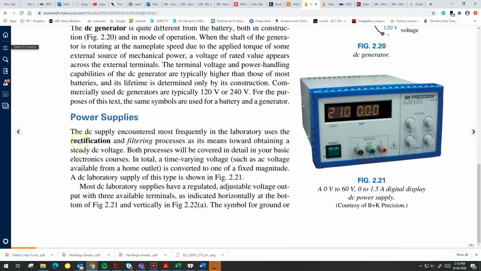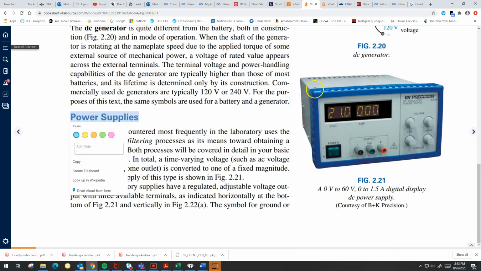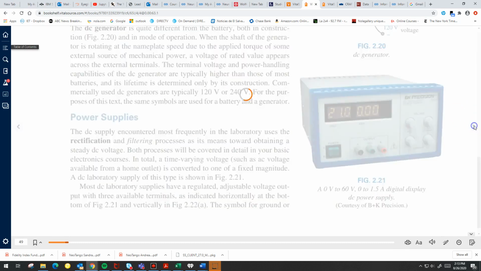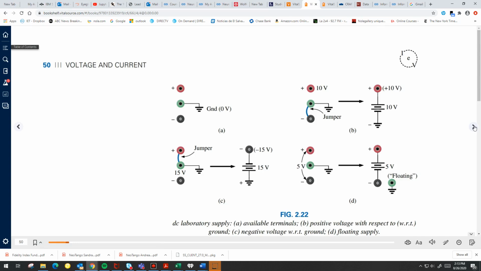Later in the lab, we're going to be looking in more detail at power supplies. And again, a power supply is just a source of voltage, right? Think of it as a battery. Okay. In the lab, this is the type of equipment we're going to be using as our sources for energizing the circuits.